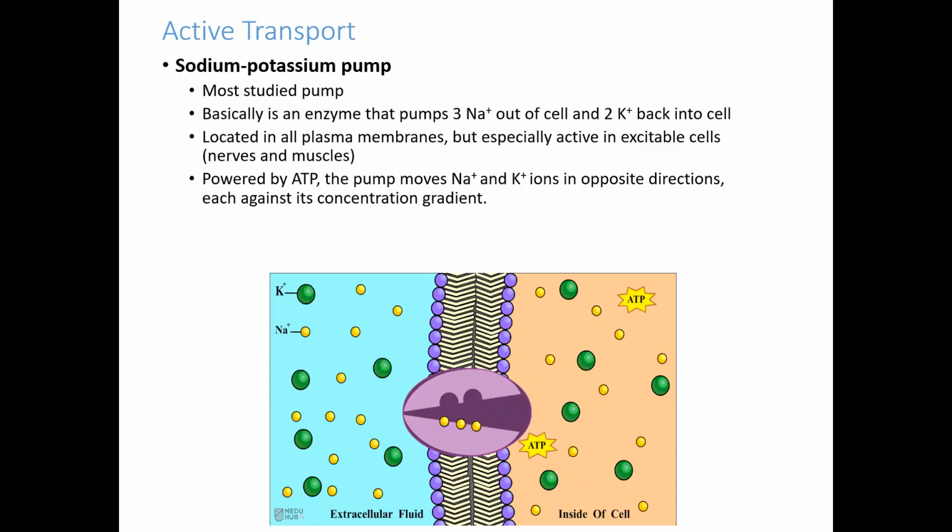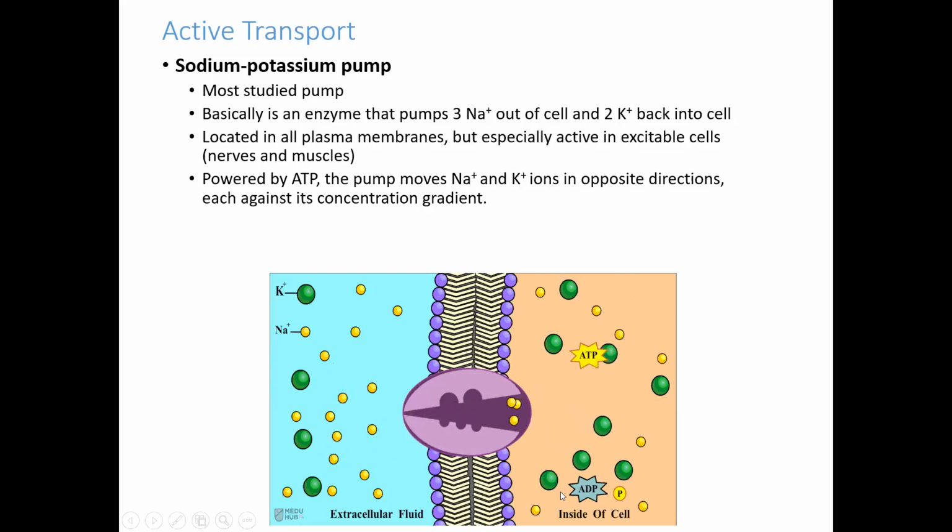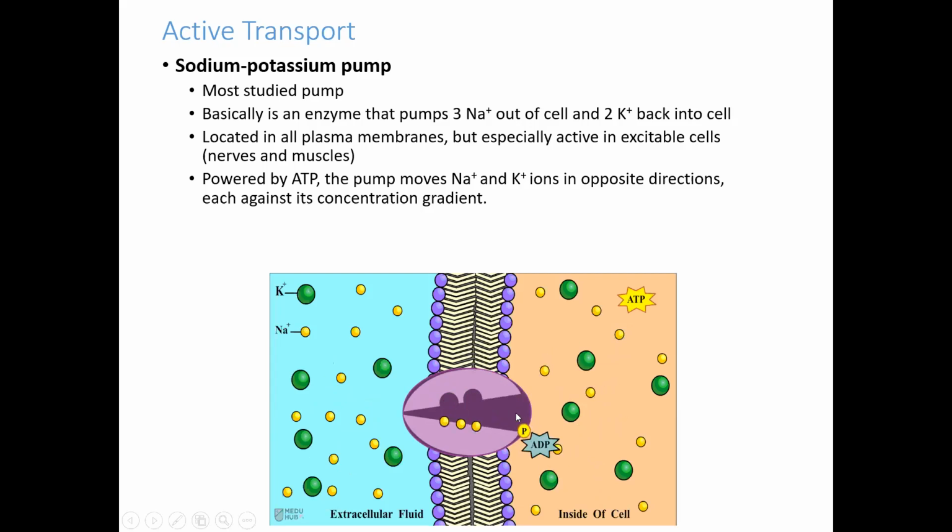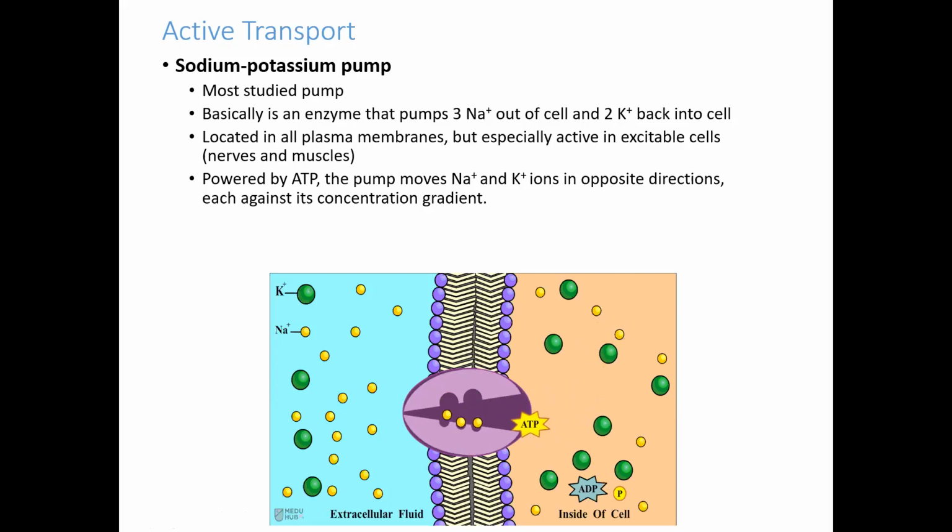And then when ATP is applied to the pump, it will release those sodiums to the outside of the cell. So there's our cell, there's our pump. There goes 3 sodiums, and we use energy. You know, it's open in that shape. The ATP allows it to open to the outside of the cell. The sodiums go out.